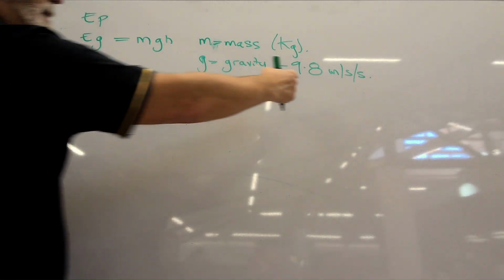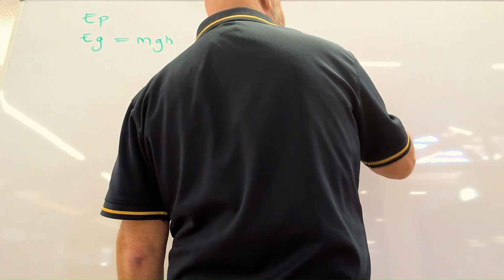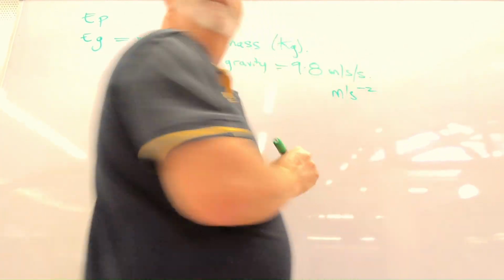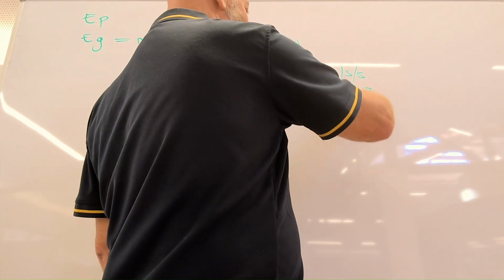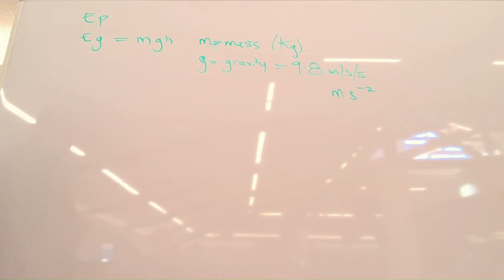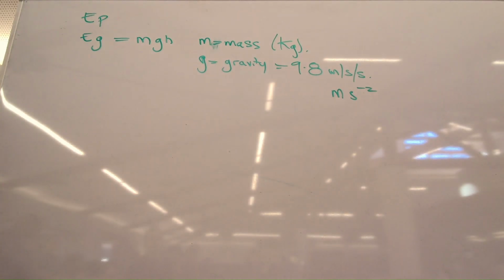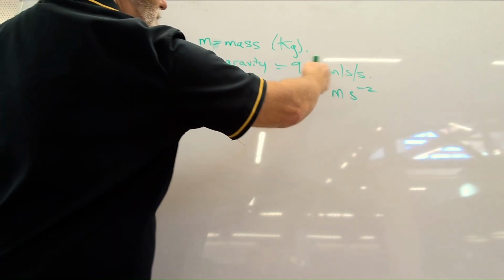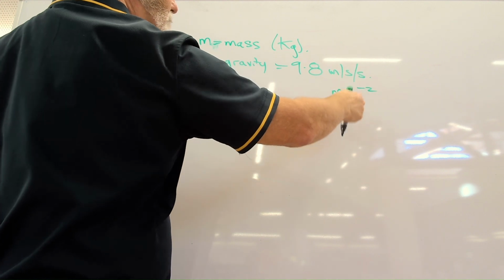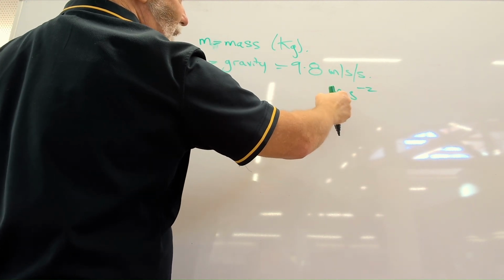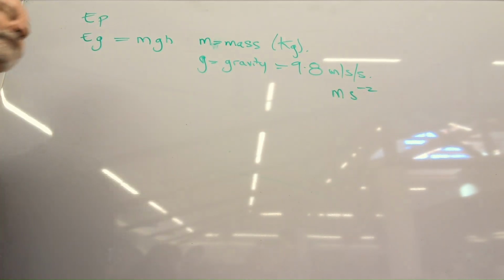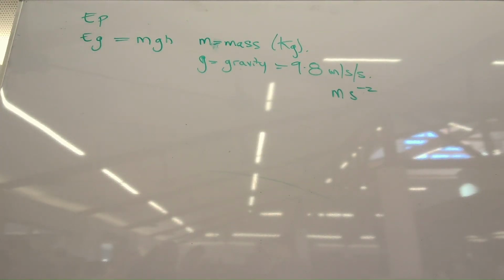It's ms minus 2. That means meters per second per second. So you might either see it as 9.8 meters per second, but most likely you'll see it as 9.8 ms minus 2, which means meters per second per second.